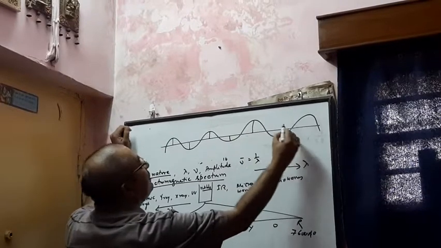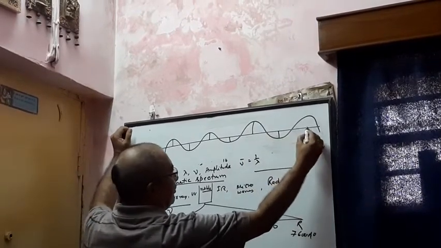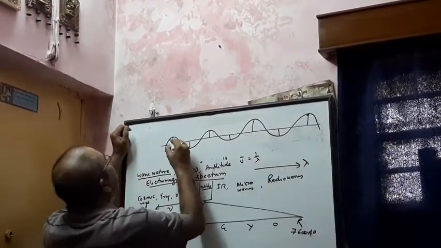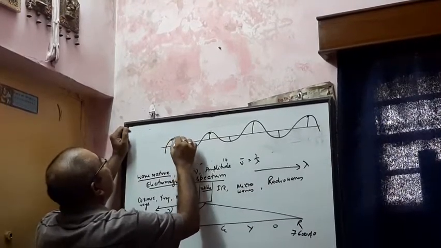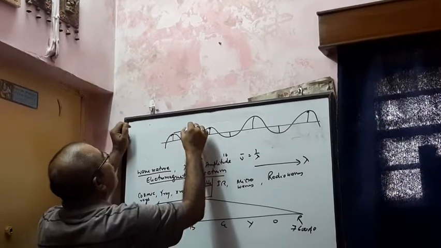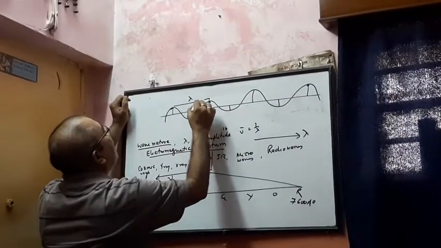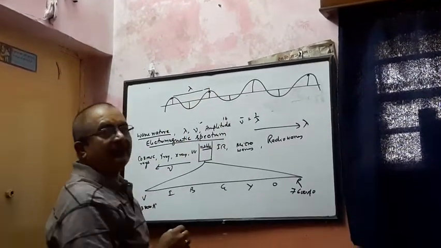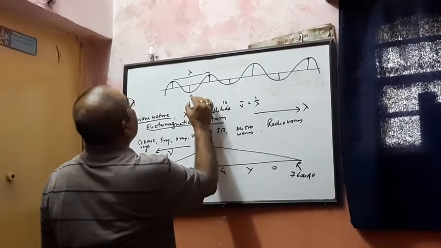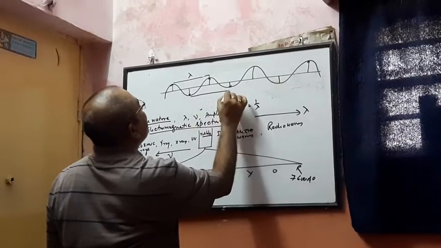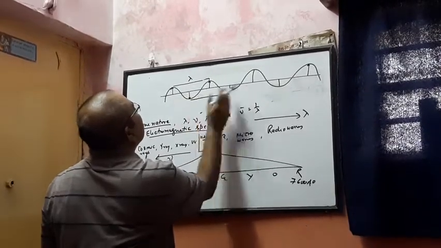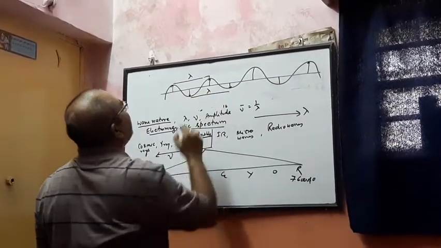Now see, the distance between two consecutive heights is called wavelength, that is called lambda, or the distance between two consecutive depths, this is also your lambda.